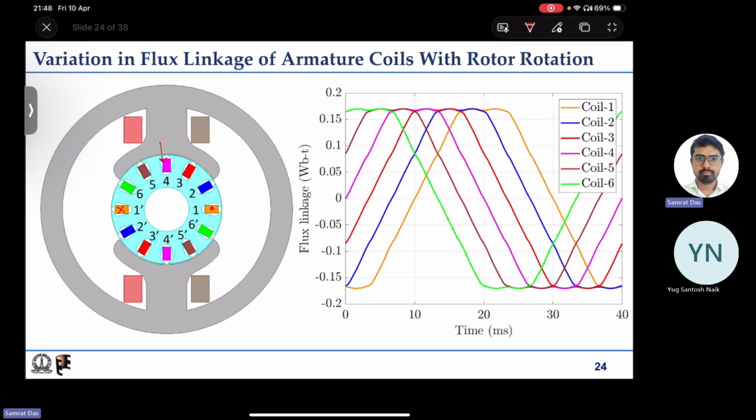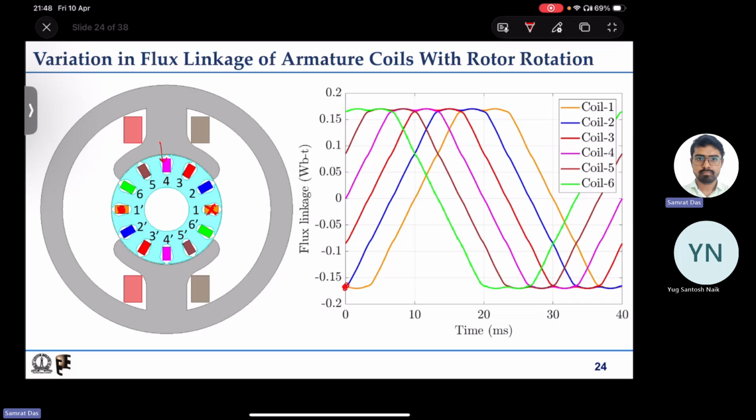Actually, I think it is dot and it is cross, because as you can find here, the orange curve, initially at t equal to 0, the flux linkage is actually negative. That means the polarity must be opposite. It must be dot and cross.